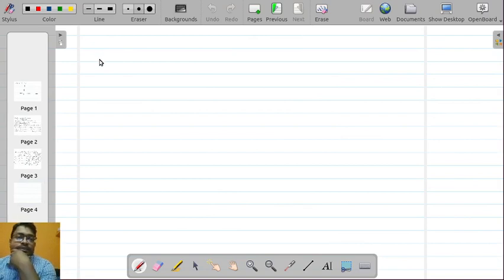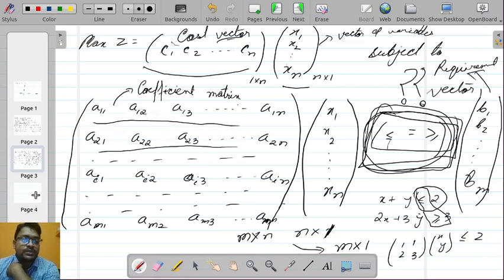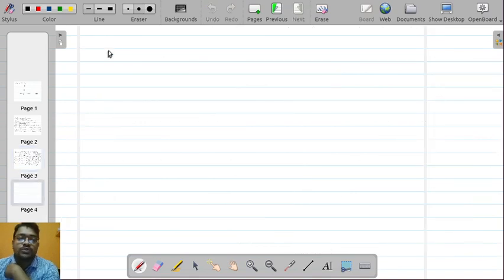Okay, so from this idea itself you can understand that in order to analyze LPP we need the help of matrices. We need to work with matrices, we need to work with these n variables or n tuples. So we need some linear algebra here.